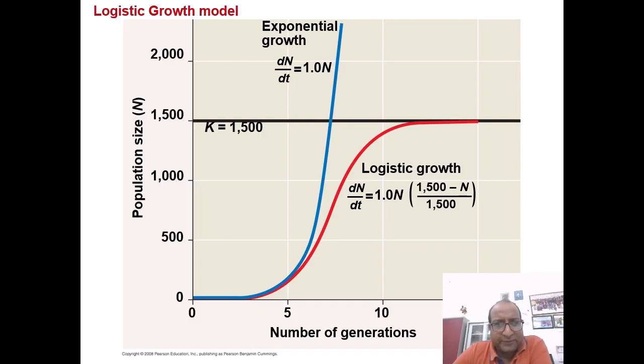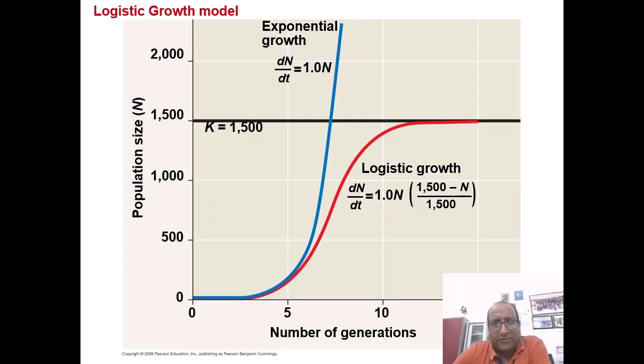If you see this curve, the population size is shown against the number of generations. In the J-shaped curve, by the end of the 7th or 8th generation, the population has suddenly increased to more than 2000, 2500 individuals.